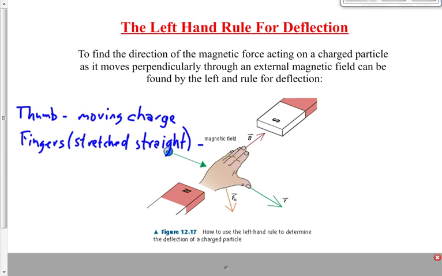They're going to point in the direction of the external magnetic field. And what I mean by that is the magnetic field that was already there, not the one that's caused by the moving charge, but the magnetic field that was caused by the magnets or the Earth or whatever it is. The palm of my hand is going to point in the direction of the magnetic force.